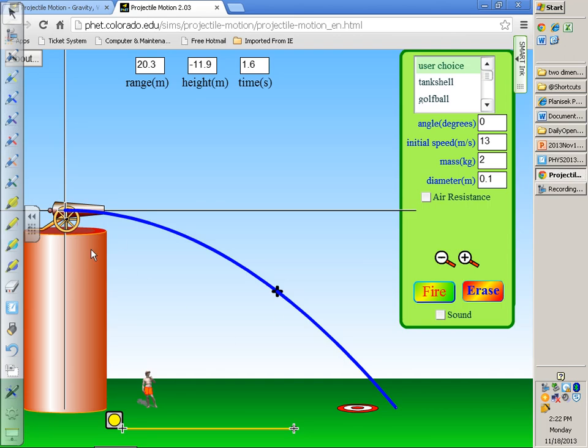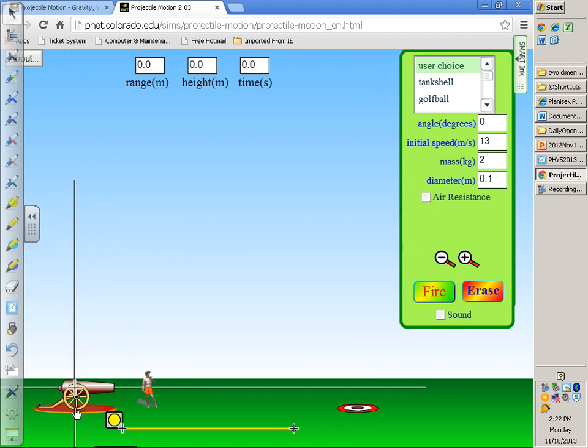Pay attention. All right. So that was last week at the beginning of the week. And then on Friday, we changed it up a little bit, and we brought this cannon back down here. Now we set this cannon up like this, where it wasn't shooting horizontally, it was shooting at an angle.